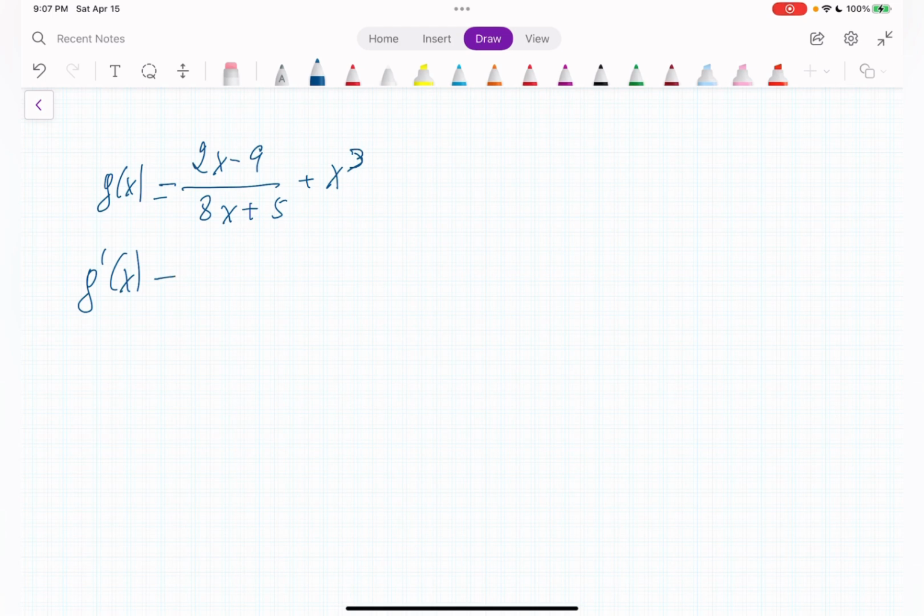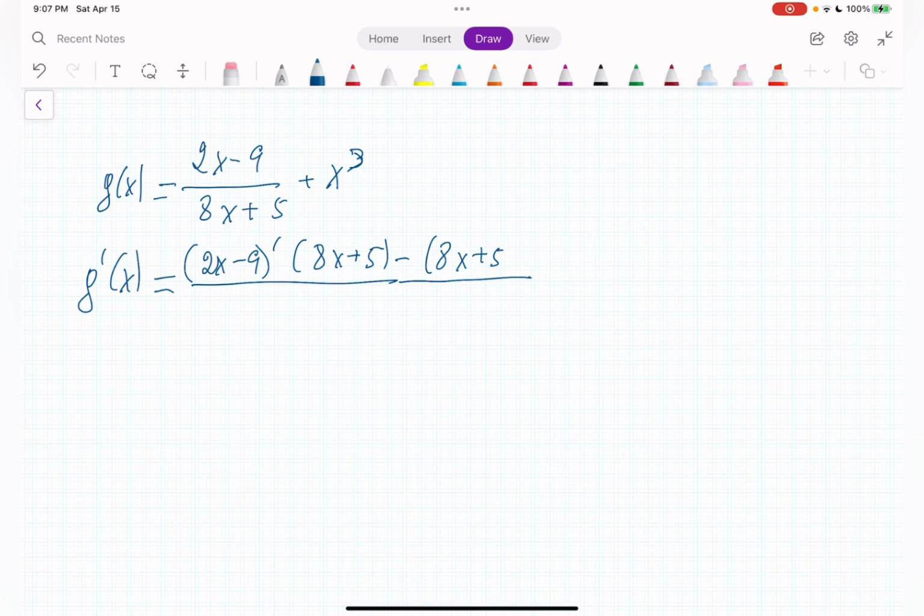So this is going to be equal to the derivative of 2x minus 9 times 8x plus 5, minus the derivative of 8x plus 5 times 2x minus 9, divided by 8x plus 5 squared, right? And plus the derivative of x cubed.